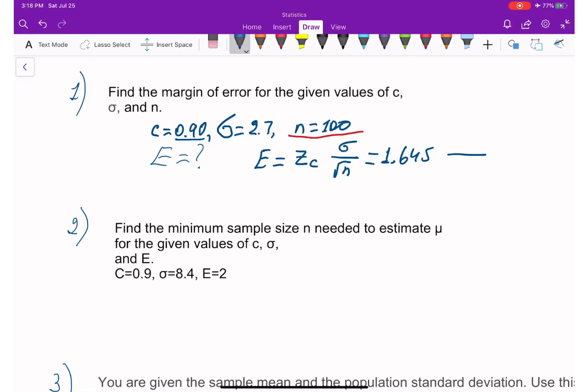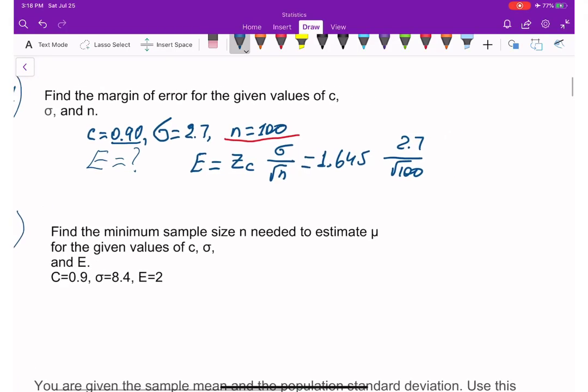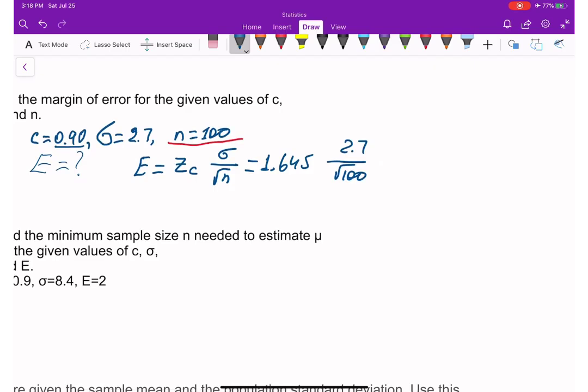And then we get sigma is 2.7 divided by square root of 100, which is equal to 1.645 times 2.7 divided by 10. So how much will be the answer? You should get 0.444.